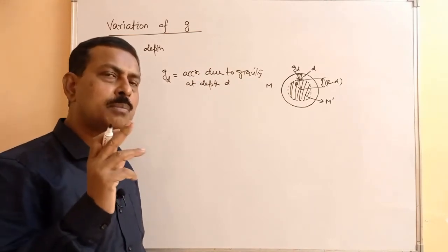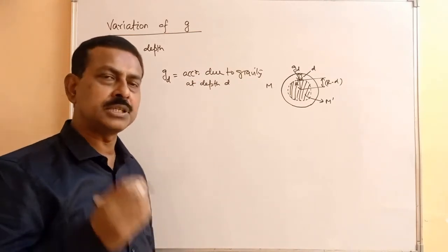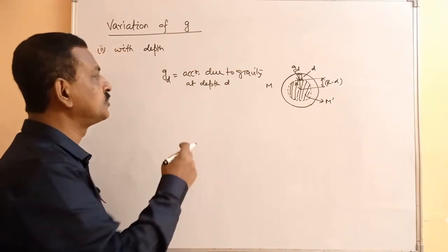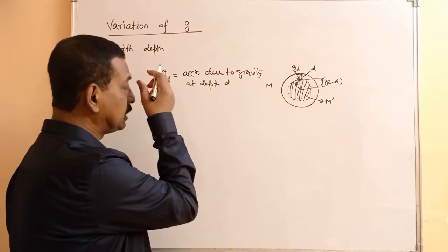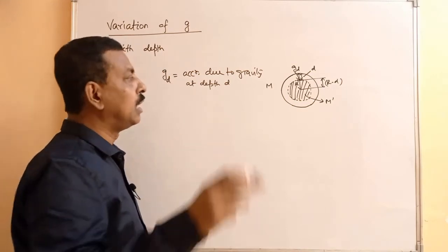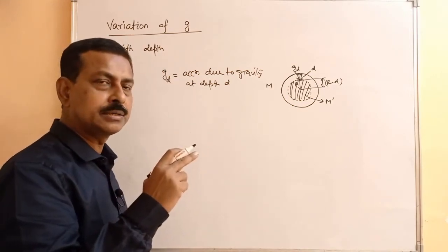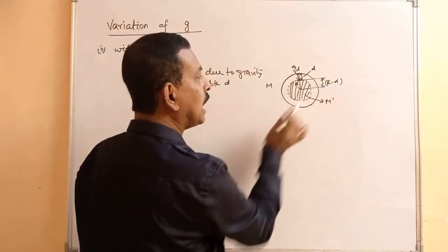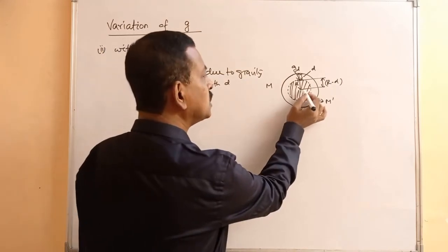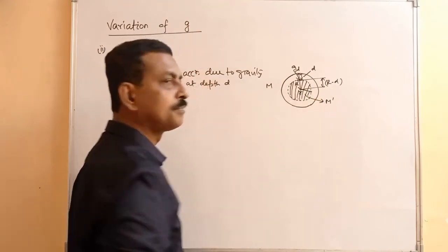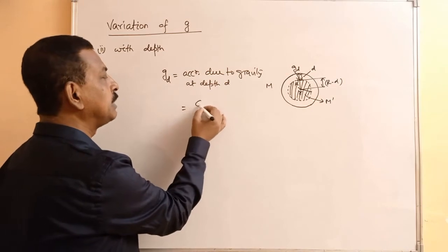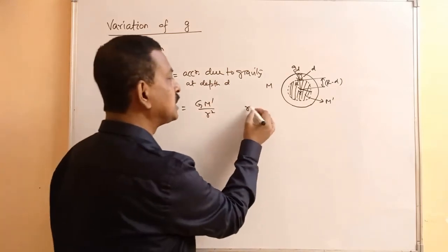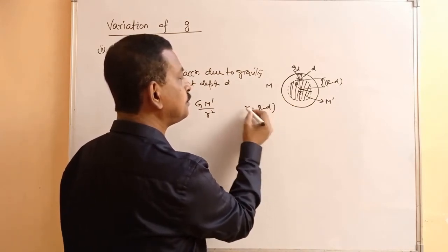There is another form in which we can find the acceleration due to gravity at a certain depth. Suppose we take the acceleration due to gravity inside the Earth at a distance r, that is r minus d. It is given as g = GM'/r², where r is basically R minus d.